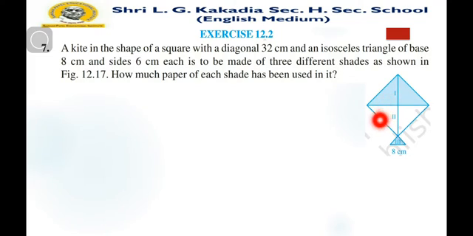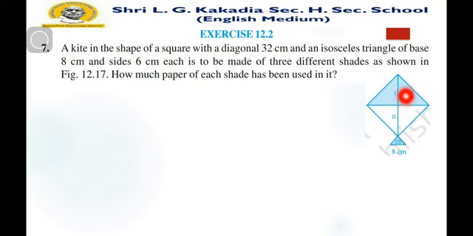Given that it is a square, we know that in a square the diagonals bisect each other at a right angle. We can say that the diagonals divide each other in two equal parts and intersect at 90 degrees.